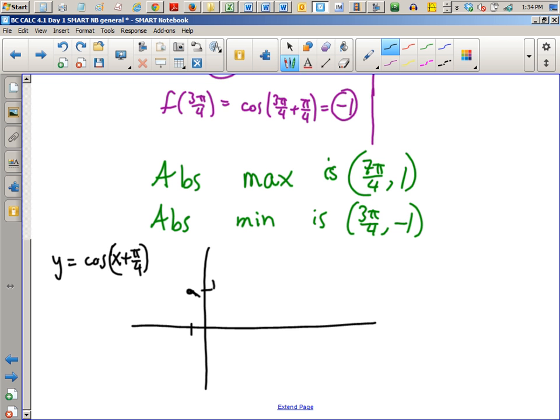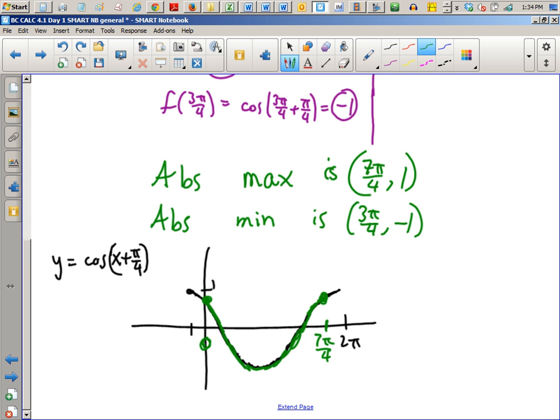It comes down like this, hits the axis right here, comes back up. Like that. 2 pi is actually right here. The interval we were looking at was right here. Zero to 7 pi over 4, just shy of 8 pi over 4.